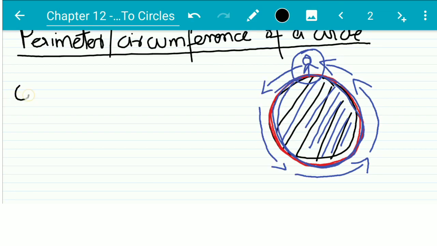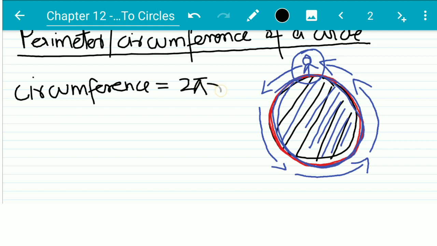Okay, right? Circumference of a circle, perimeter of the circle, is 2 pi r. Area is pi r square. Perimeter is 2 pi r. So what will be circumference of a semicircle? Circumference of a full circle is 2 pi r, so circumference of a semicircle will be half of 2 pi r.